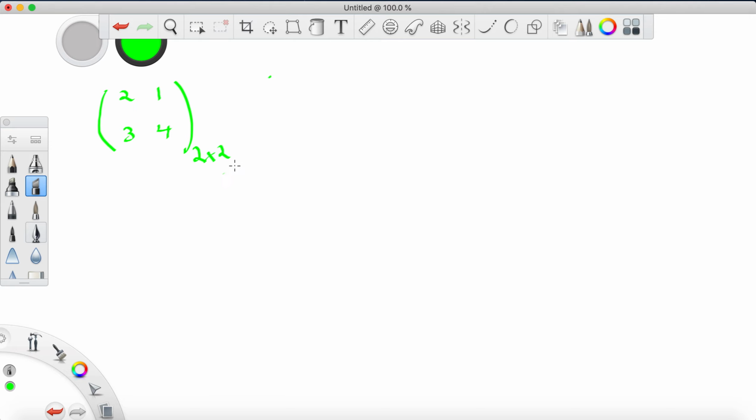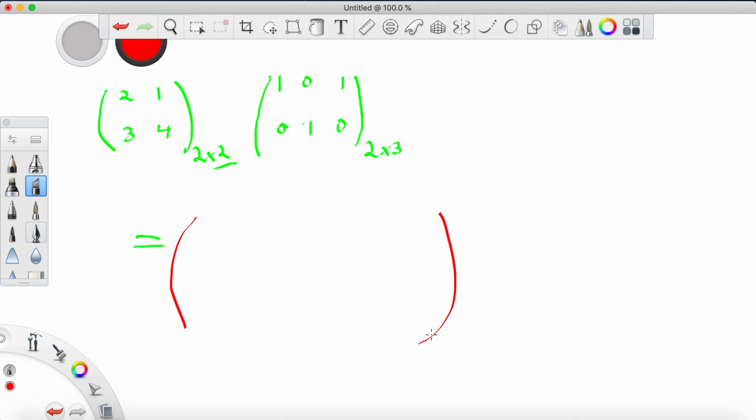Well, because the second entry is 2, the new one is going to have 2 on the first entry. So that means it's going to have to have 2 rows. But the second one can be anything. So let's go ahead and make it 3. So I'm going to give these entries so that our math is easy. And let's change the color.